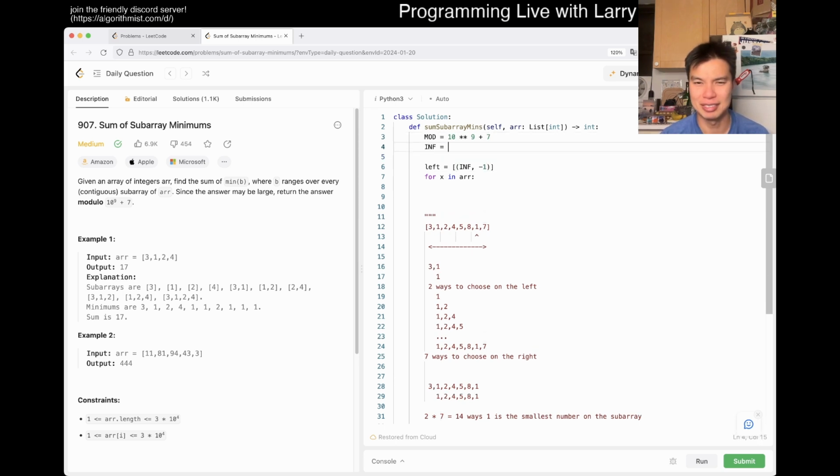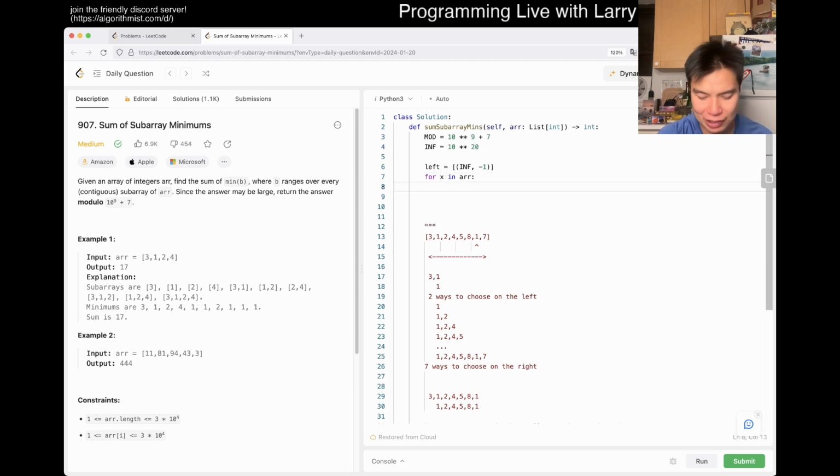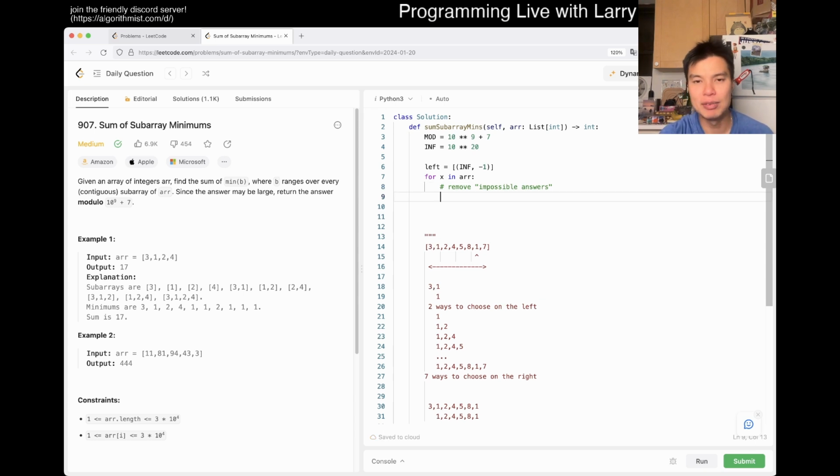I don't know if this is a good number, but we want to keep track of the index, right? So then here we want to remove impossible answers, right? And an answer is impossible if it is smaller than the current. Oh, maybe this should be -infinity then. Because then by default, no matter what, that'll be your smallest number, the borderline. That's just the base case.